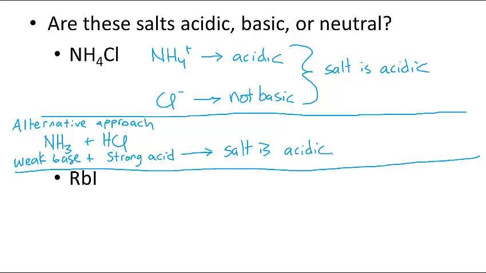All right, this next one with spring training right around the corner might make us think of happier, warmer times. RbI. It's a baseball reference, if you didn't catch it. What two ions is RbI made from? All right, so this one is made from rubidium, Rb+, and I-. So Rb+, is that an acidic cation?